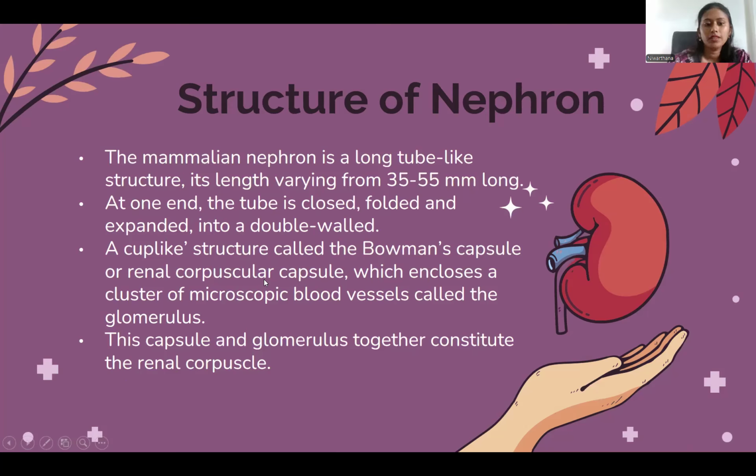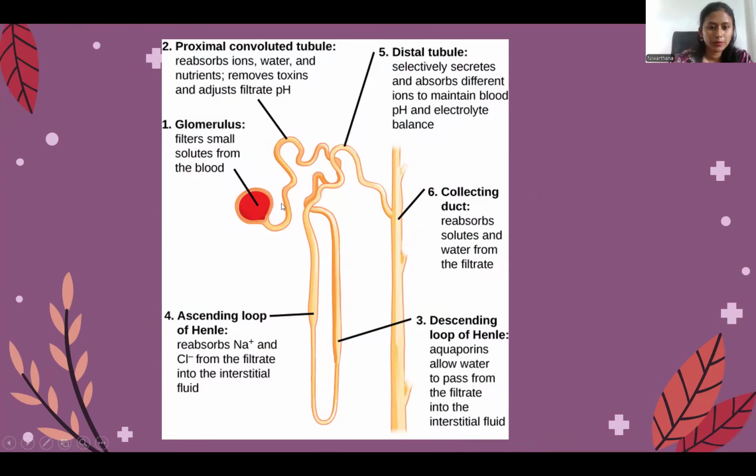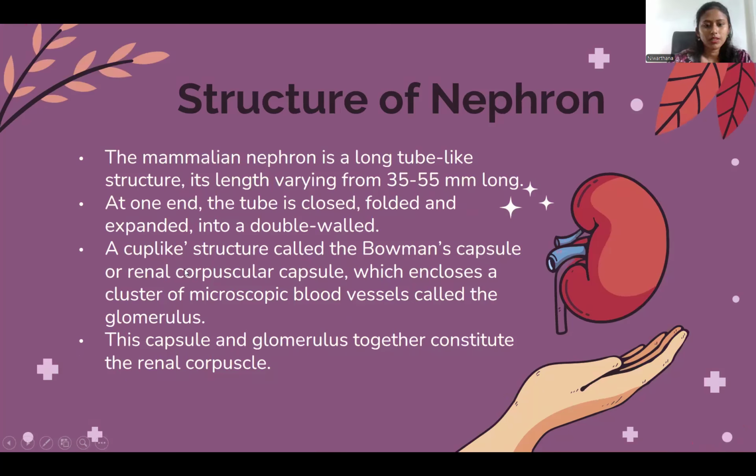We can also call it the renal corpuscular capsule. It encloses a cluster of microscopic blood vessels called the glomerulus. This capsule and glomerulus together constitute the renal corpuscle.